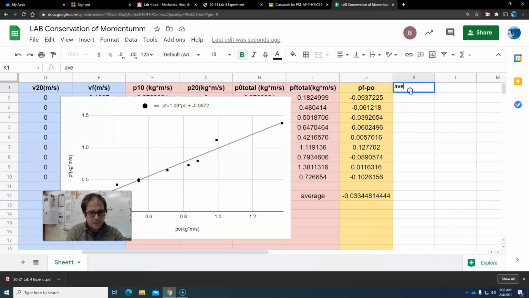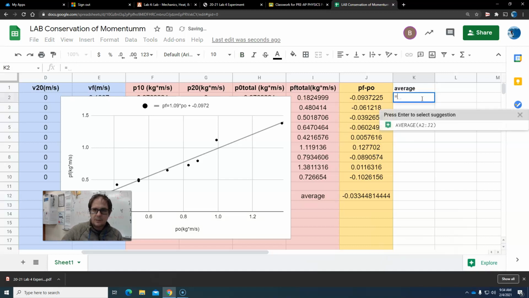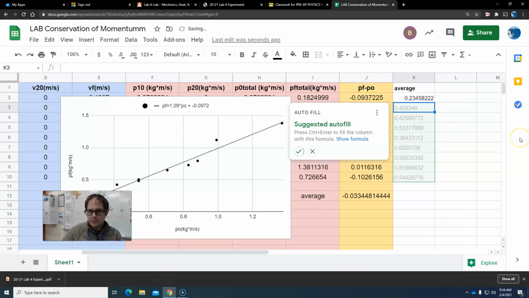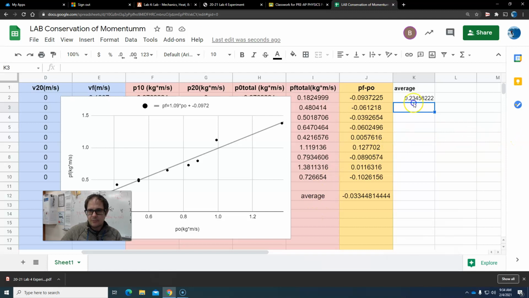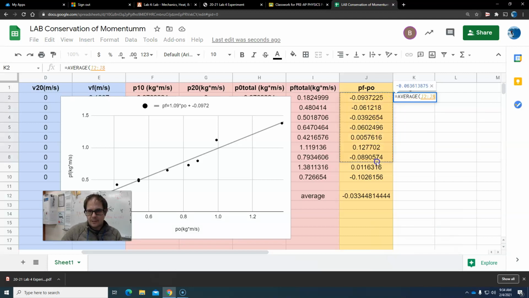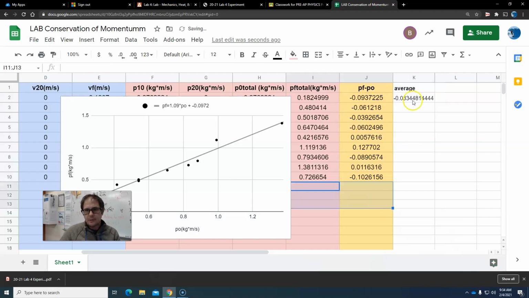So we put the average over here and press the equal sign, average, and then select the numbers you are calculating the average of, and I will delete this from here.